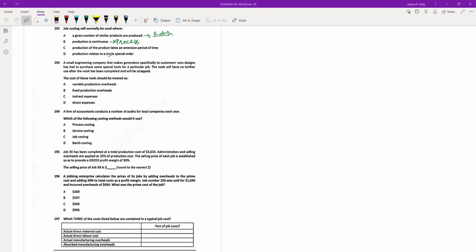Production relates to a single special order where there is a specific starting and ending date. This is called what? This is called job costing. A small engineering company that makes generators specifically to customers' own design has had to purchase some special tools for a particular job.